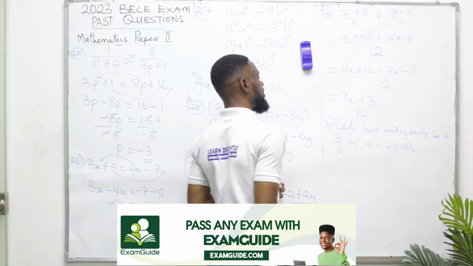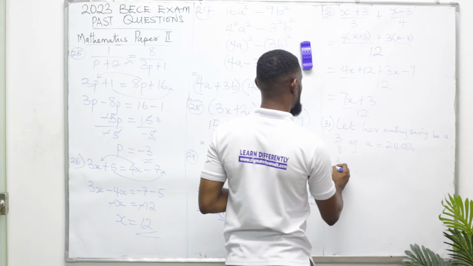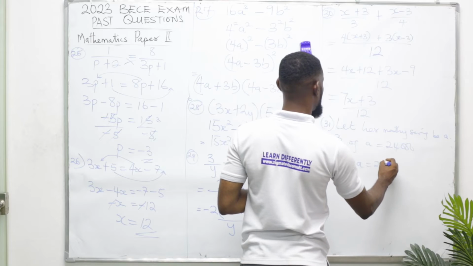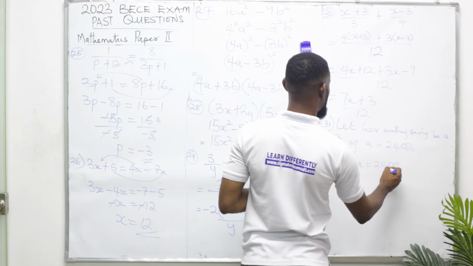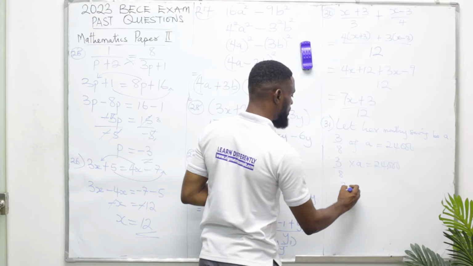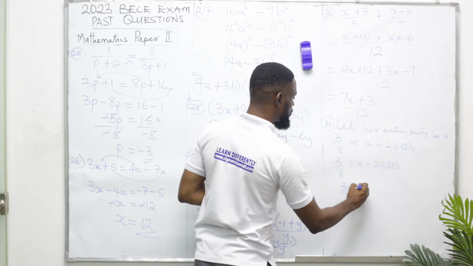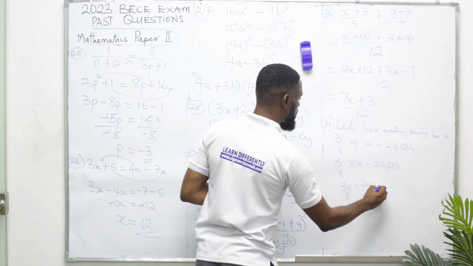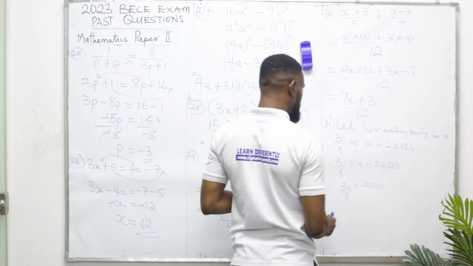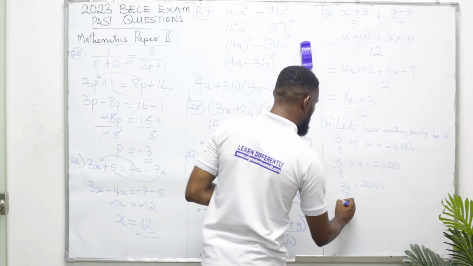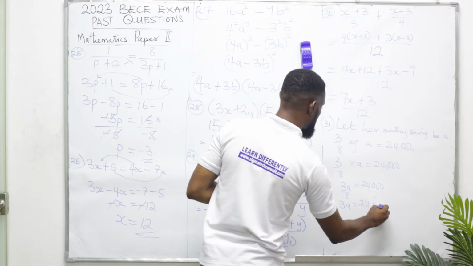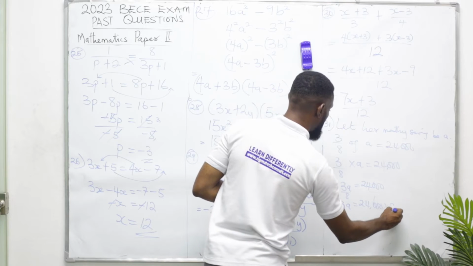So what is the value of A? This means 3 over 8 times A is equal to 24,000 naira, right? So 3 times A is 3A over 8, equal to 24,000 naira. If we cross multiply, 3A will be equal to 24,000 naira times 8.